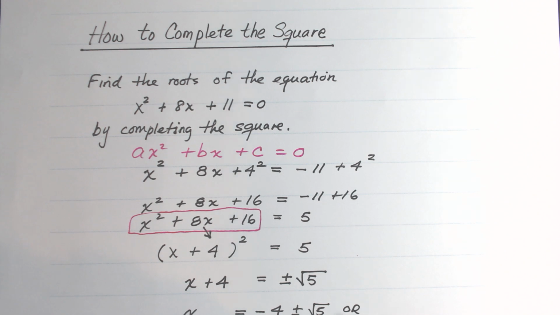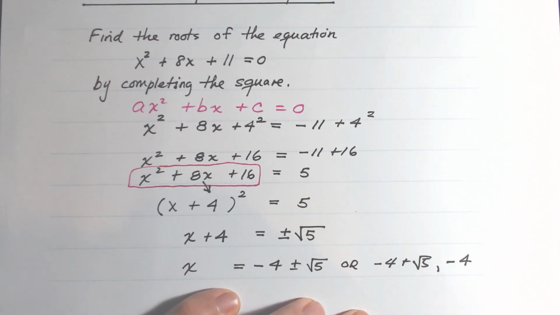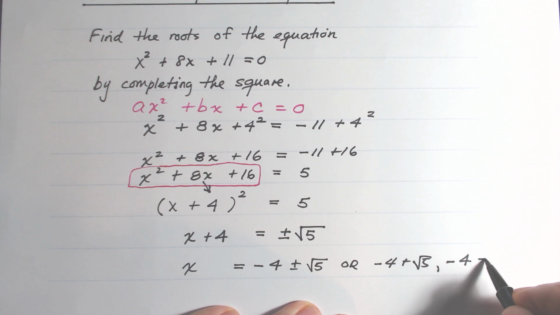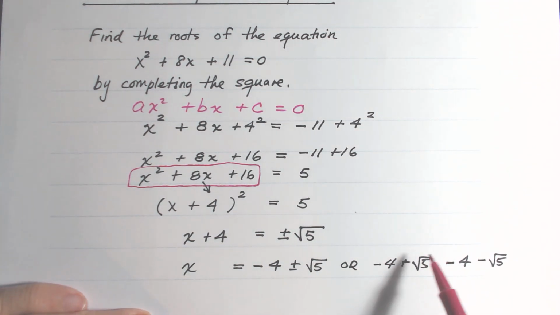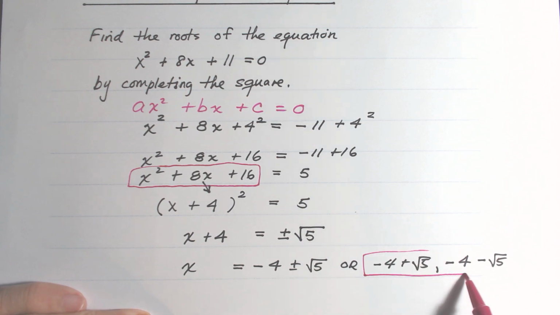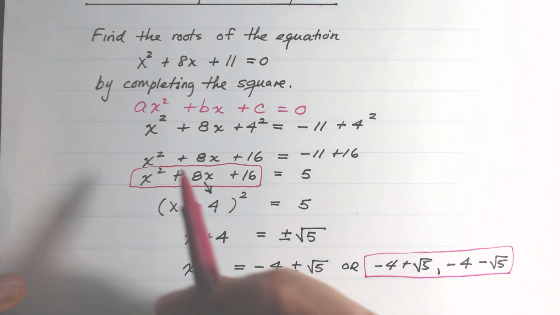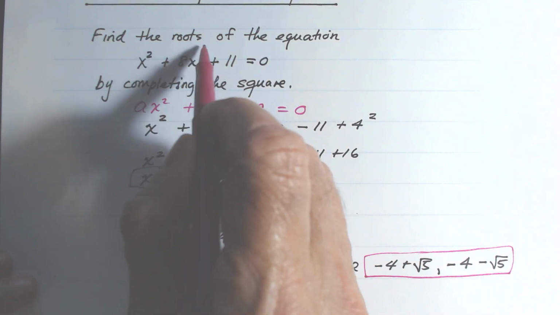Or, if you prefer, negative 4 plus the square root of 5, negative 4 minus the square root of 5. And here are the solutions, the roots, solution to the equation we were given to start with.